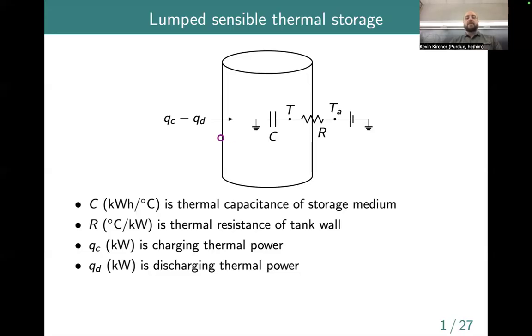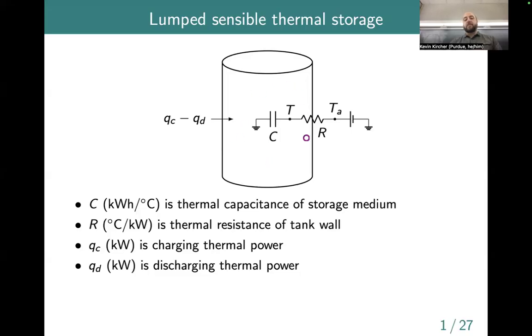Okay, but more generally, if we're not thinking just about a domestic water heating situation, this could be a giant tank of molten salts that are used in a solar thermal energy power plant. This is a plant that would concentrate sunlight using mirrors, make something super hot, and then use that heat source to run a power cycle and generate electricity.